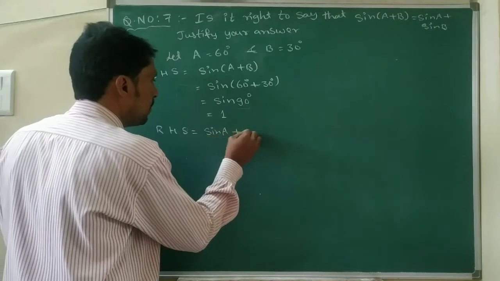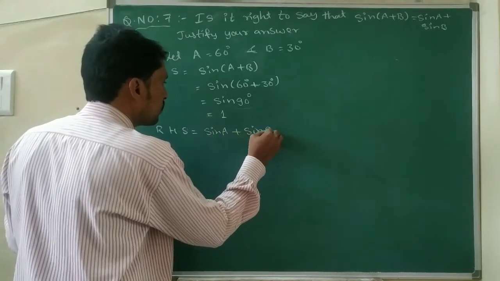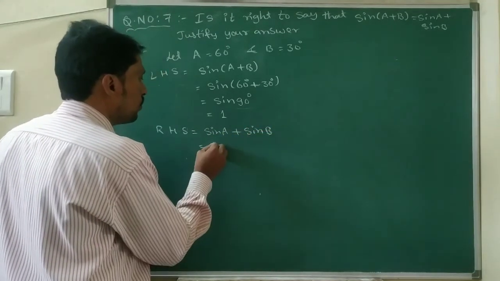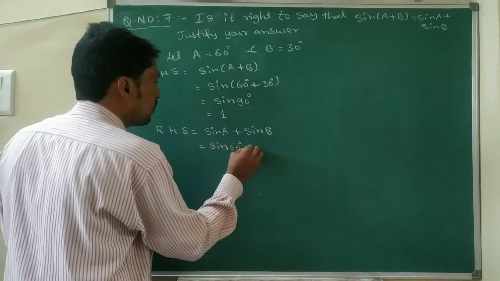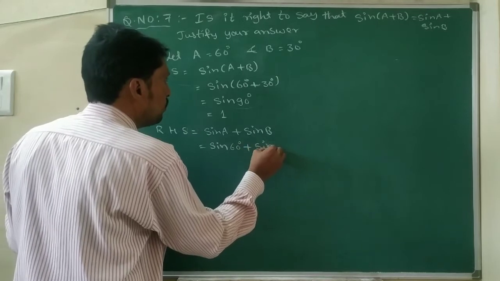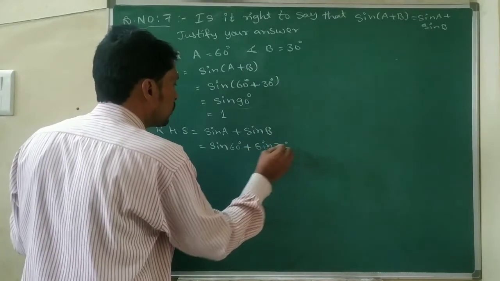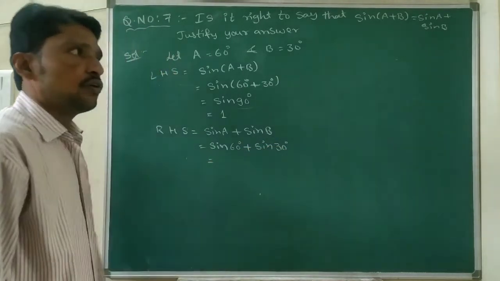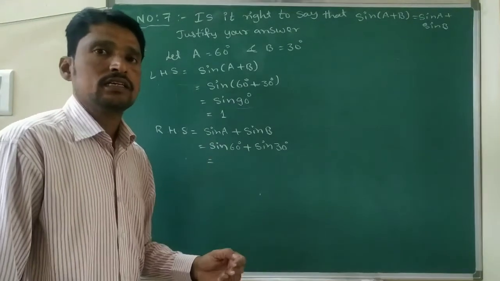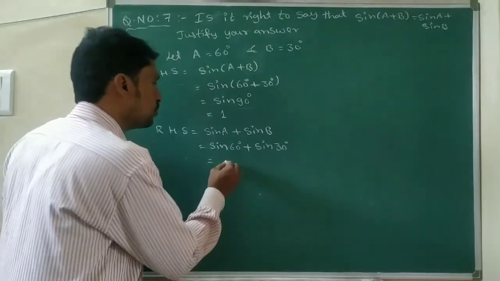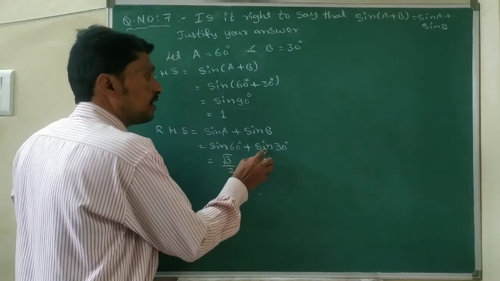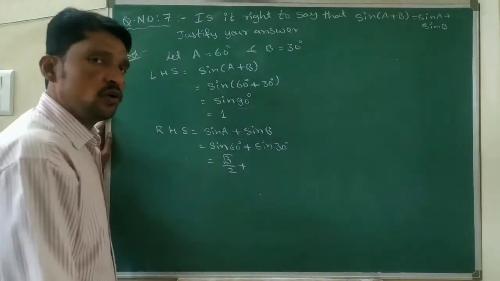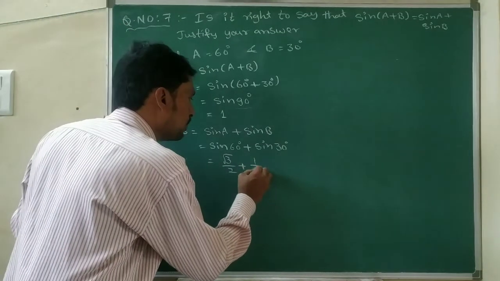Sine A plus sine B. Sine A we assumed 60 degrees, sine B we assumed 30 degrees. Sine 60 is root 3 by 2, plus sine 30 is 1 by 2.